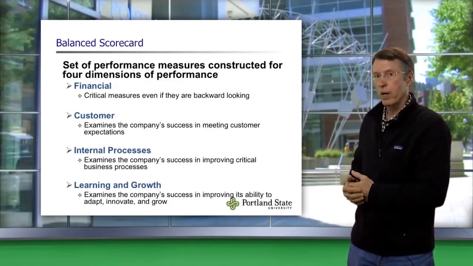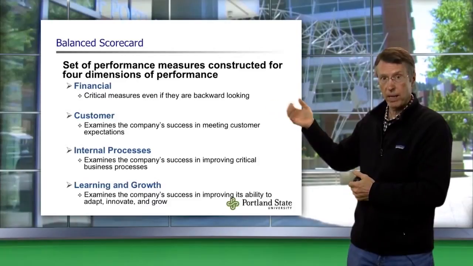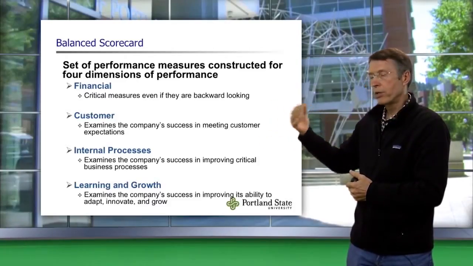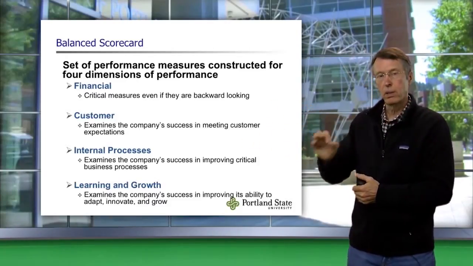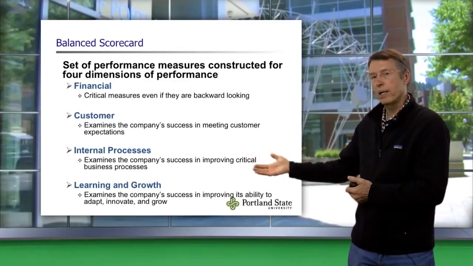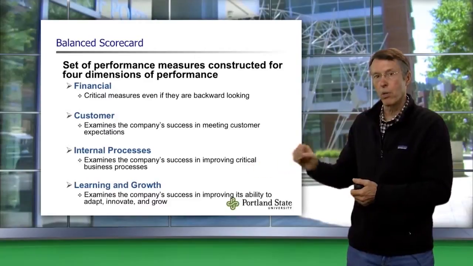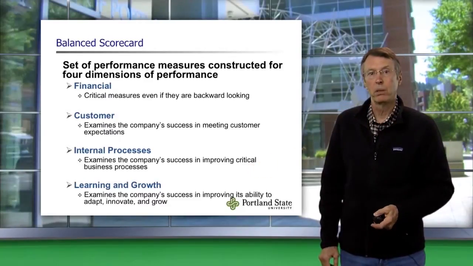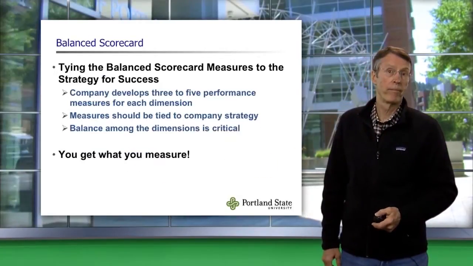How well we're satisfying customers, measurement of that. How well our internal processes are functioning, a measure of that. And finally, are we continually revitalizing the company through learning and growth? And what can we measure that lets us know how we're doing there?